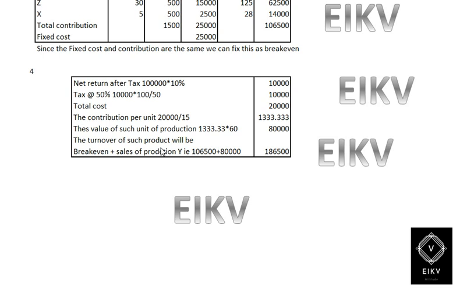The turnover of such product will be break-even sales plus sales of the production of Y, which is 1,06,500 plus 80,000, that is 1,86,500. So the break-even sales have been computed in the above table.